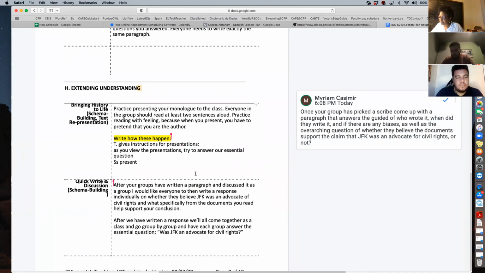Look for evidence that will help you. If a student is giving a presentation on John Lewis, that's obviously going to be persuasive for the student to say he wasn't an advocate, because John Lewis, this actor, is saying that he wasn't and is disagreeing. Then they take notes to answer that essential question. You like that? I love it.